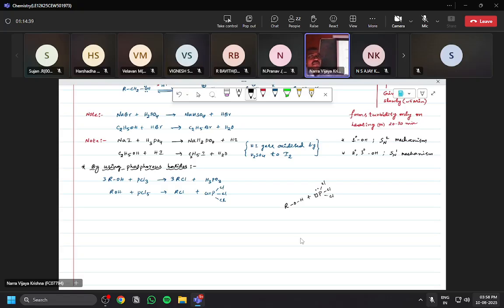Now, this oxygen can donate a lone pair of electrons into that empty orbital of phosphorus. Possible? Then what you will get? R, O with one lone pair, positive charge, bond to H, bond to phosphorus, chlorine, chlorine, chlorine, and you will get negative charge on this.